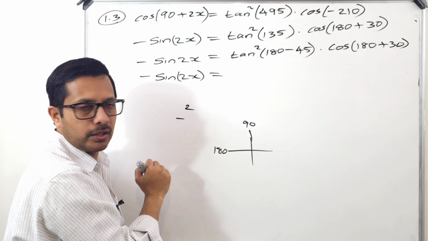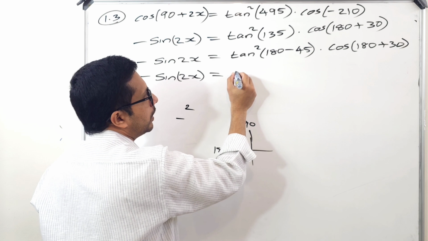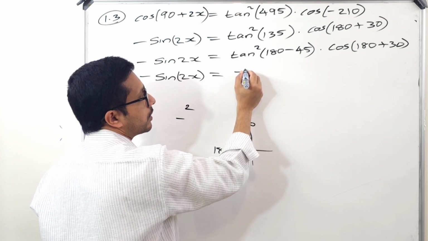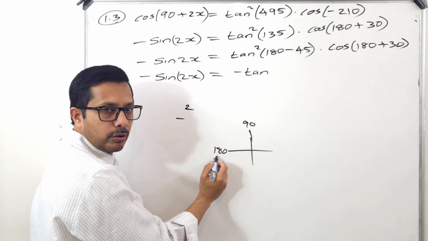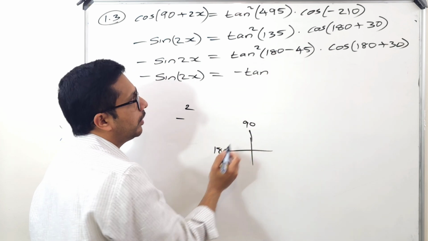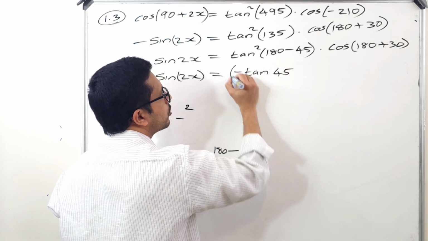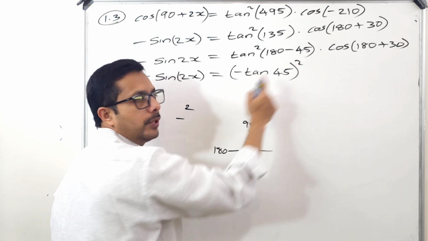Positive. Am I right? Or you can write like this. So it is minus, don't forget, minus tan of, because there is no change in the trigonometry, we are using 180. Tan 45, then it is squared. So this minus is going to be positive.